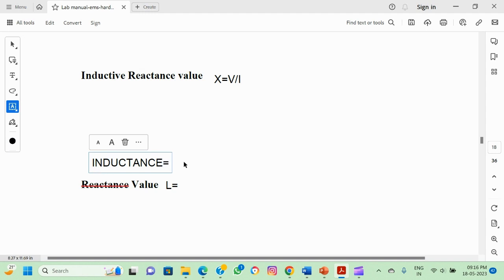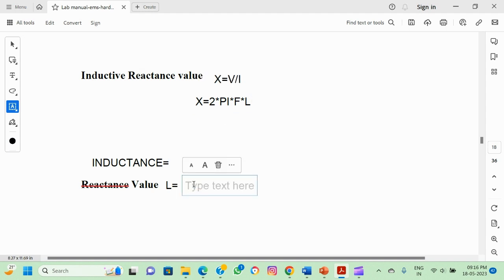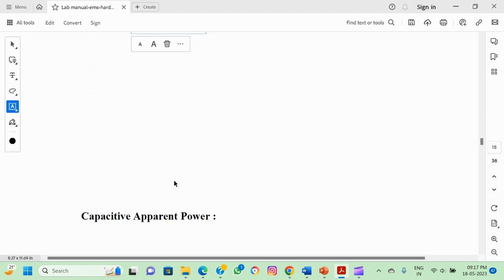So how can we calculate inductance? Actually, for reactance, the formula is X equals 2 pi F multiplied by L. So L will be X divided by 2 pi F. Here take pi equal to 3.14 and F equal to 60. So you can calculate the inductance.